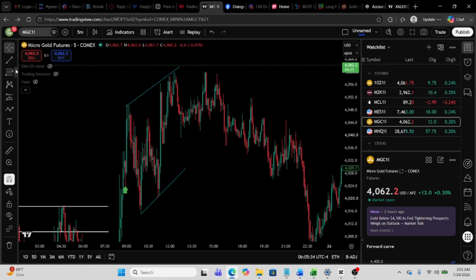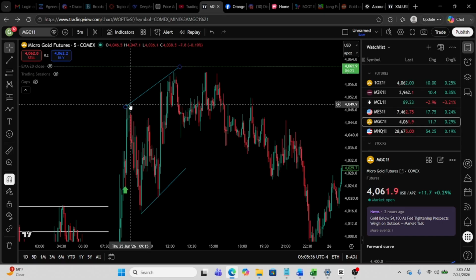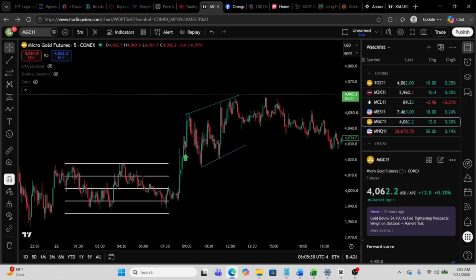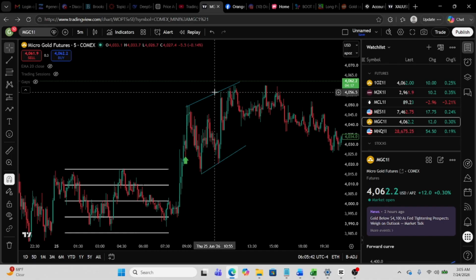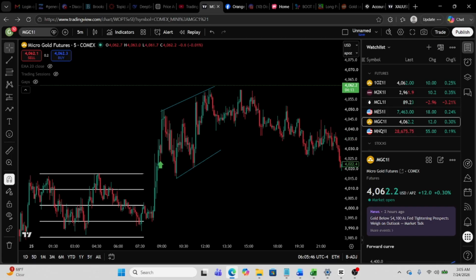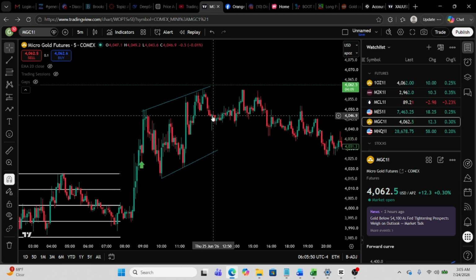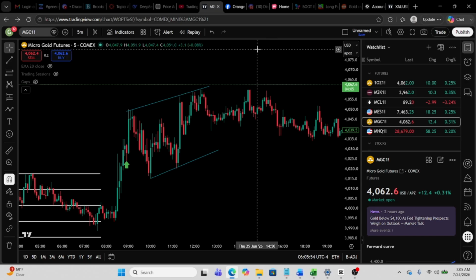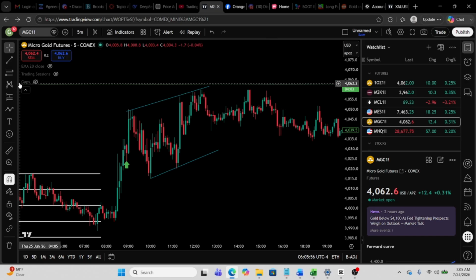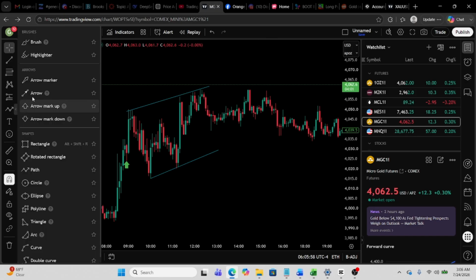Now, what's interesting is we have formed our breakout here. Then we form our channel here. What comes next? Trading range, right? So you anticipate one of these pullbacks down in here to create a new swing high. But it failed.